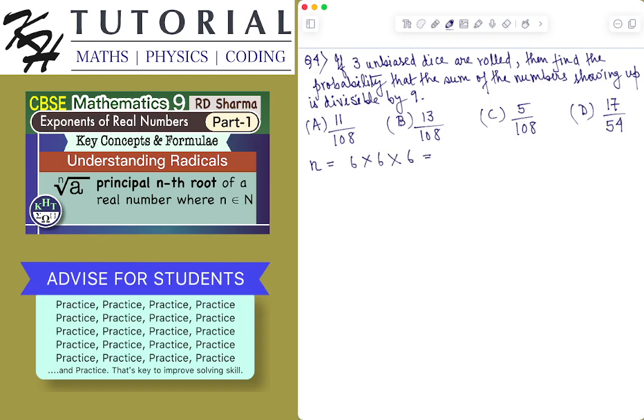So the total number of possible outcomes of this experiment is 216. 36 multiplied by 6 is 216. Okay. Now, out of these possible outcomes, how many outcomes are favorable to the event that the sum of the numbers will be divisible by 9?